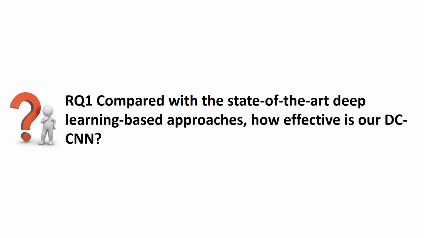Next, we answer several research questions to illustrate the performance of our proposed method. The first research question is that, compared with the state-of-the-art deep learning-based approaches, how effective is our DCCNN?